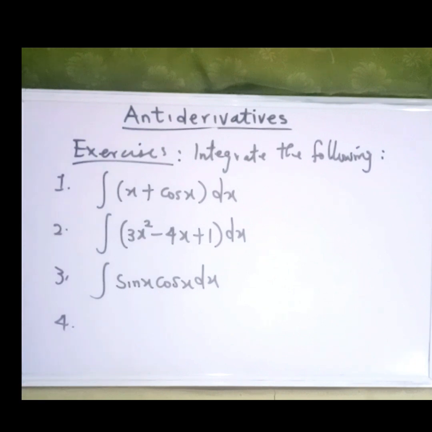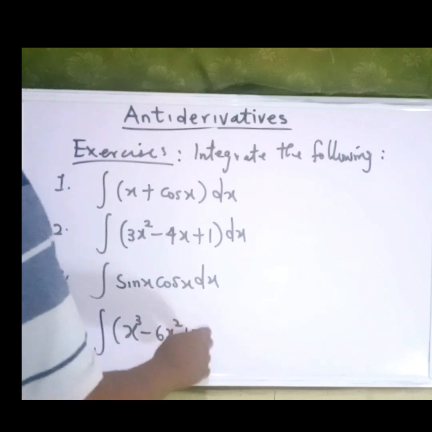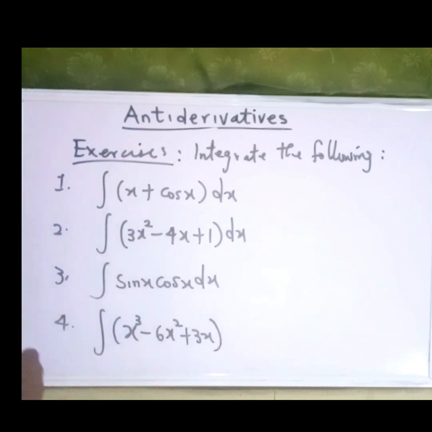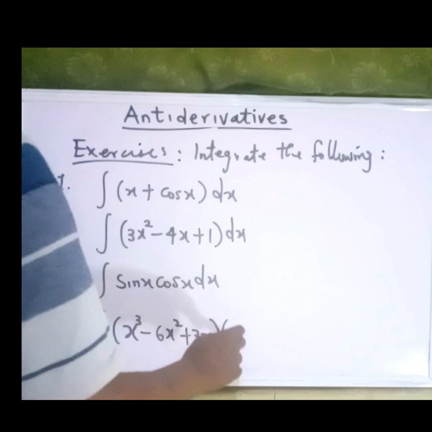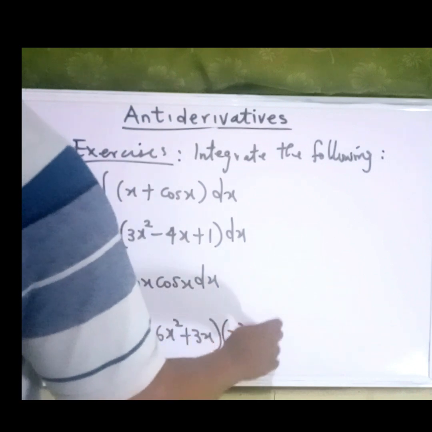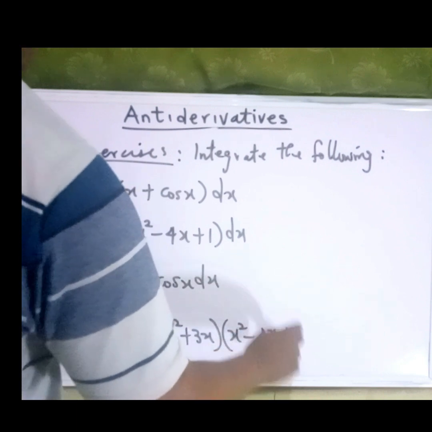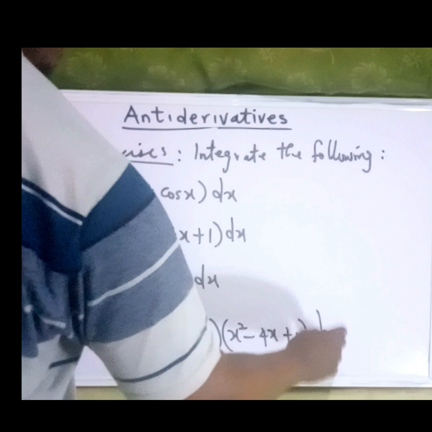x cubed, this is x squared plus 3x, multiplied by x squared minus 4x plus 1 dx.